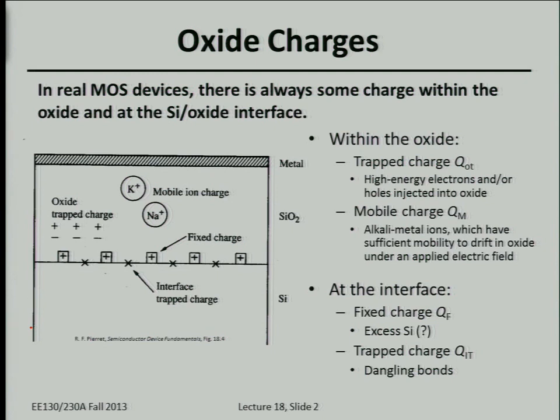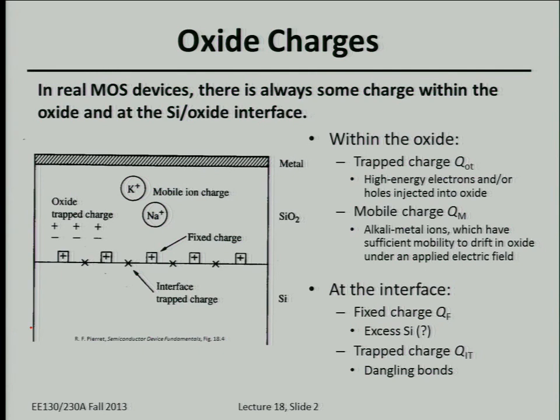You have silicon atoms, and suddenly there's no more silicon on top of it, but you have this amorphous material. Some of those silicon atoms would like to form four covalent bonds, but some of those bonds are not going to be satisfied to have 2 electrons. So you have some dangling bonds at the interface, and if an electron wanders around, that dangling bond can trap an electron. And electrons represent charge. So you can actually trap charge at the interface between silicon and silicon dioxide because of these dangling silicon bonds.